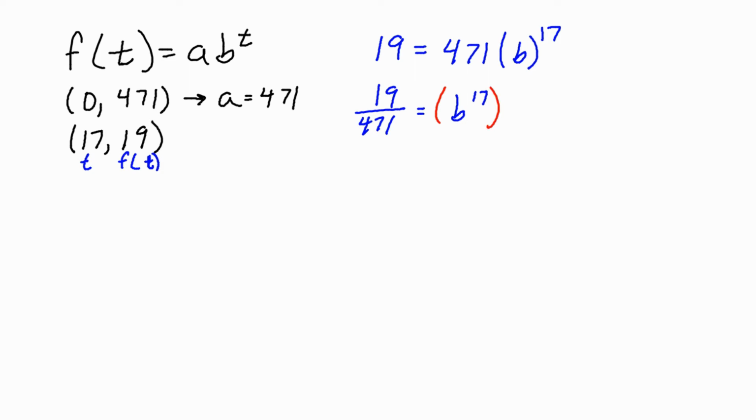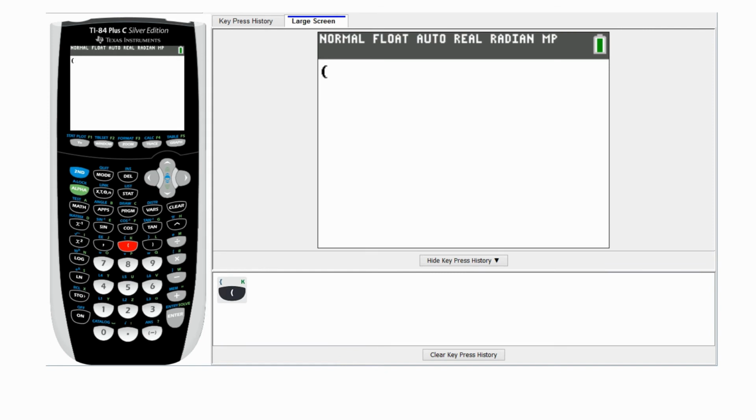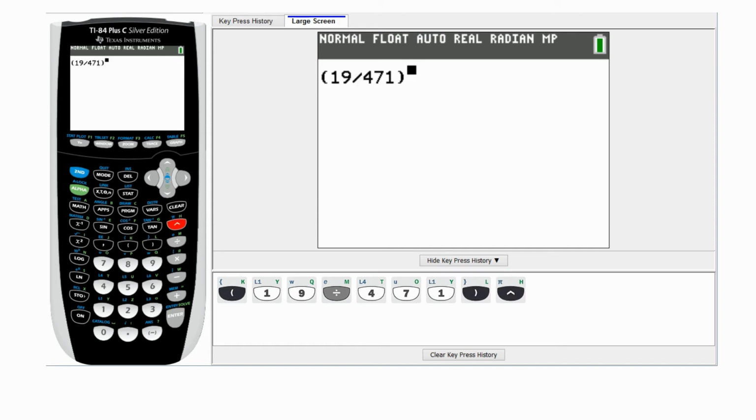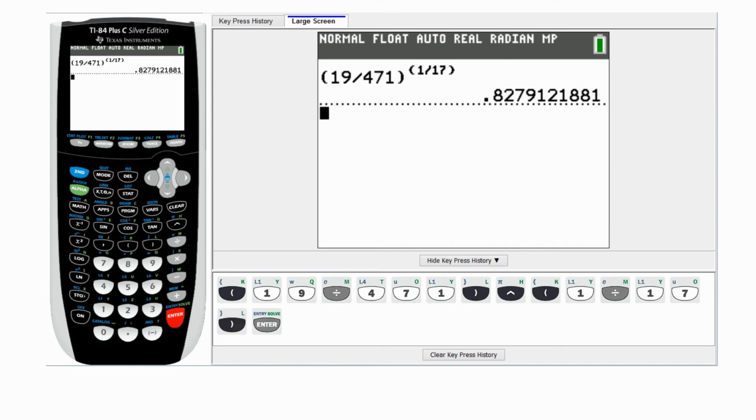Using the reciprocal of my power, if I take it to the 1/17th power, my exponents will cancel. So I also have to take my 19 over 471 to the 1/17th power. Calculating, parenthesis, 19 divided by 471, close parenthesis, exponent, parenthesis, 1 divided by 17, close parenthesis, enter.